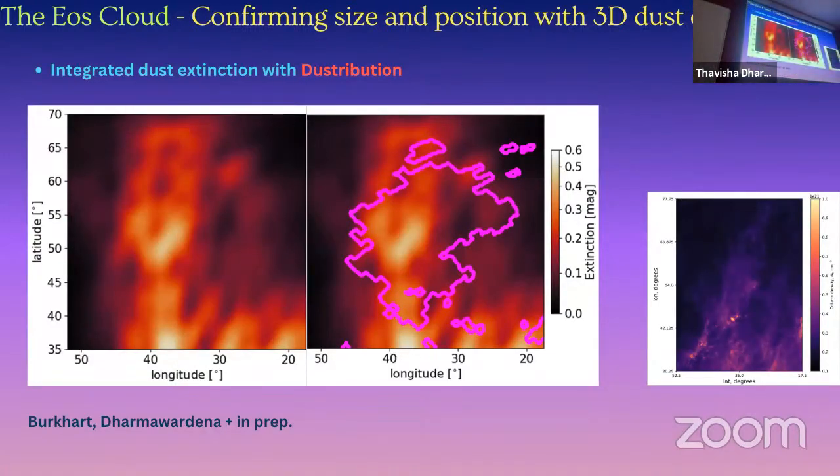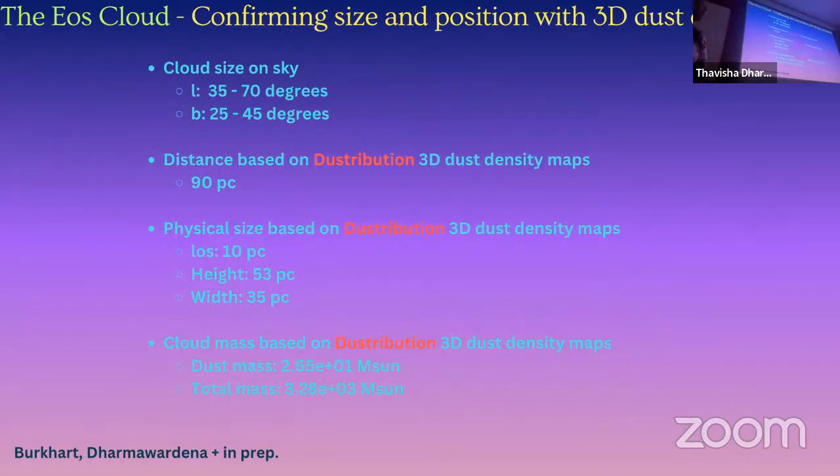And in extinction, so when we take our 3D density cube and collapse it into extinction, we have this shape, which matches very nicely with our Planck dust column density. So yeah, we can basically, using our 3D dust maps, confirm that the cloud is at about 90 parsecs.